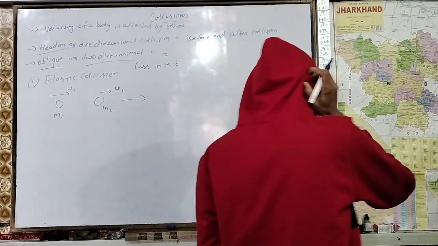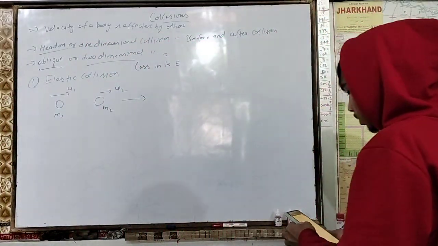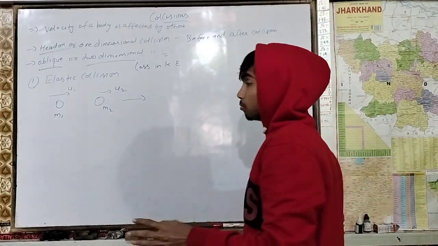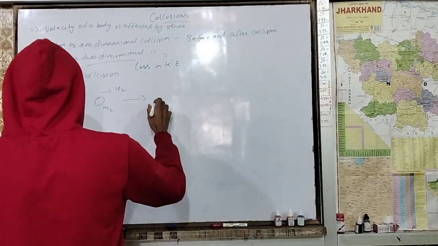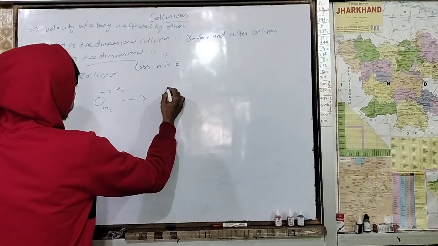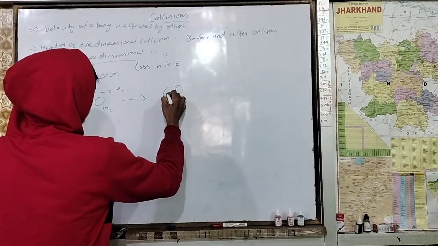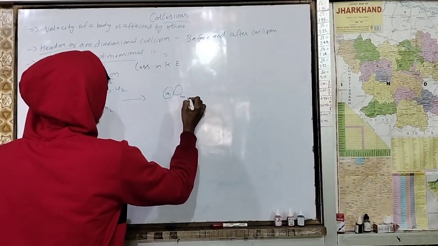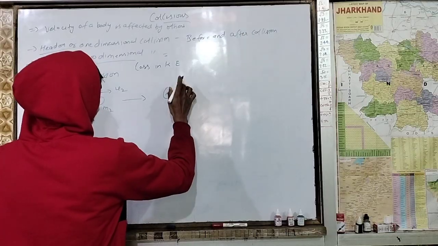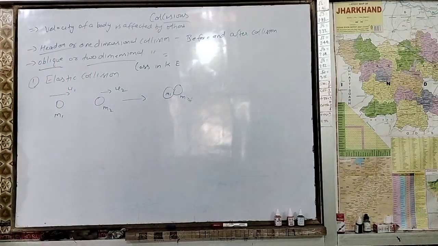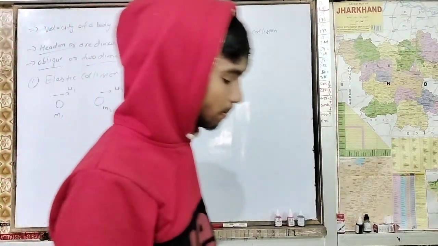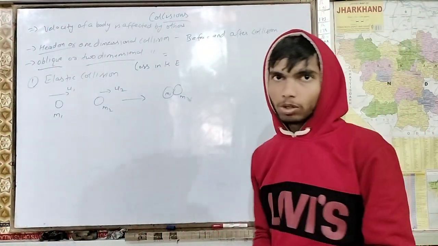After some time, m1 moves with more velocity and m2 with less velocity. Both will stick like this, m1, m2. This happens when the velocity of m1 is more and the velocity of m2 is less.